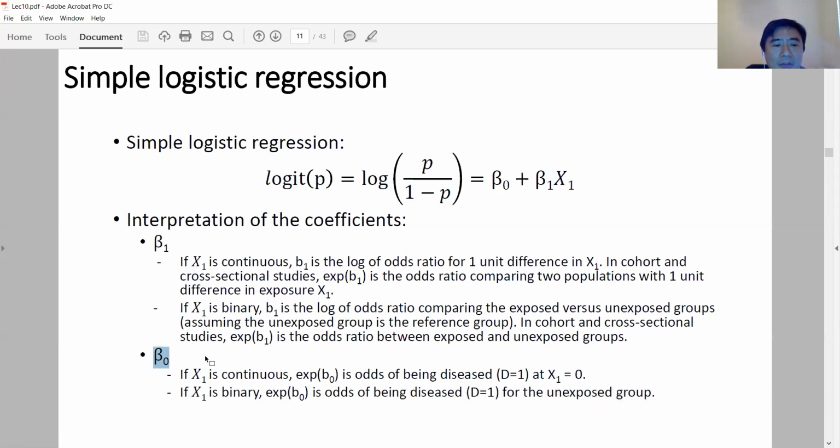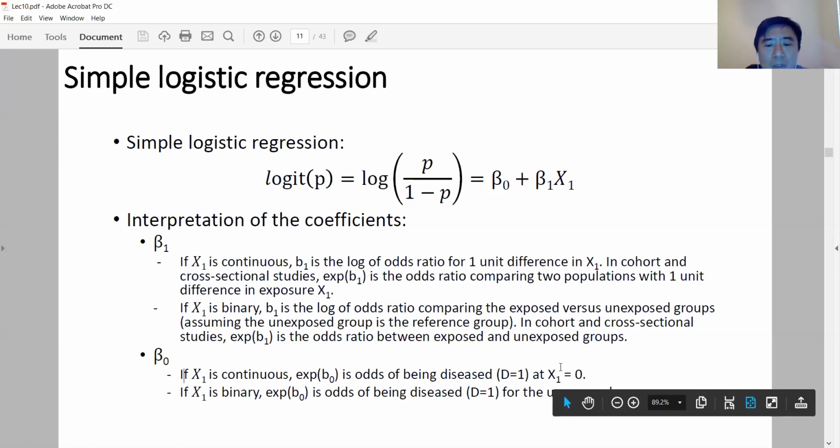So beta 0 is most likely a nuisance, because in most situations we're not interested in the interpretation of beta 0 itself. But we can still do the interpretation, because it is different from beta 1. If x1 is a continuous variable, the exponential of B0 is the odds of being diseased at x1 equal to 0.